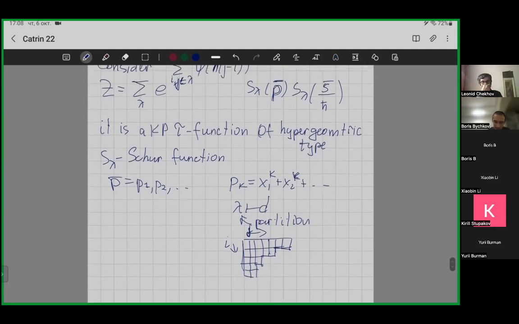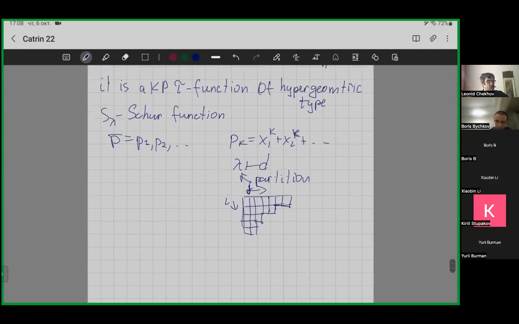This capital Z is connected to this Hurwitz number stuff, these generalized Hurwitz numbers, in the following way.